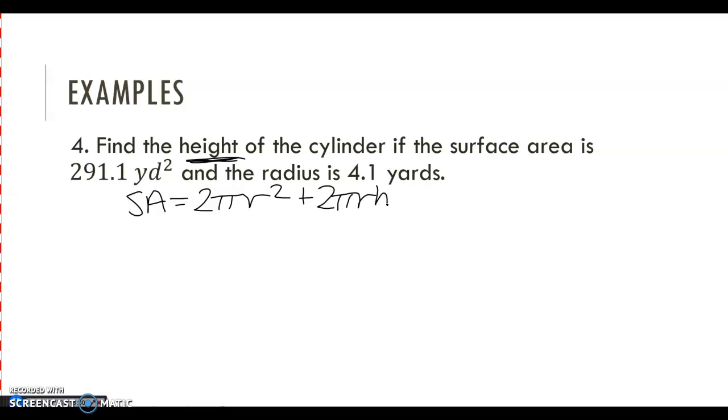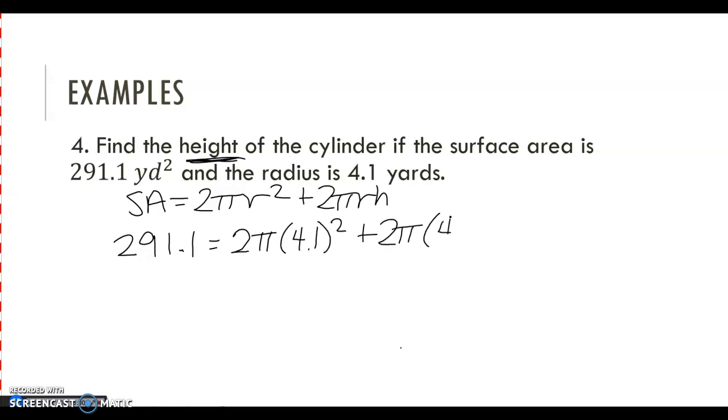Okay, so substituting in for surface area, I'm going to put 291.1 equals 2 pi, they told me the radius is 4.1 squared. And then I want to know the height.